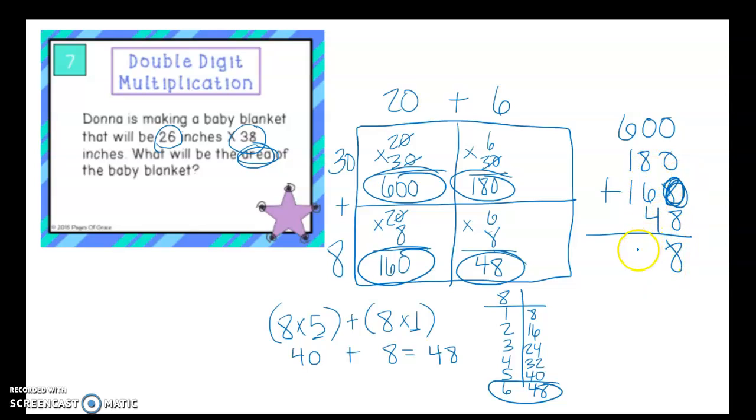So 10 plus 8 is 18. 6, 7, 8, 9. All right, so that blanket will be 988, you would say, square inches. So if you had little squares that were 1 inch in size, it would take 988 to make that blanket for that baby.